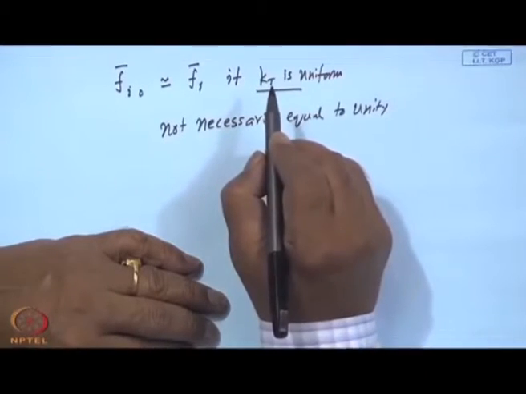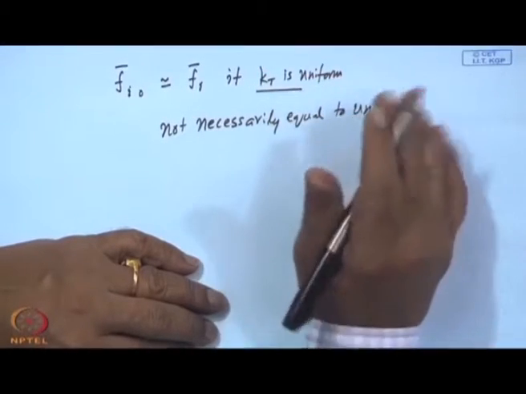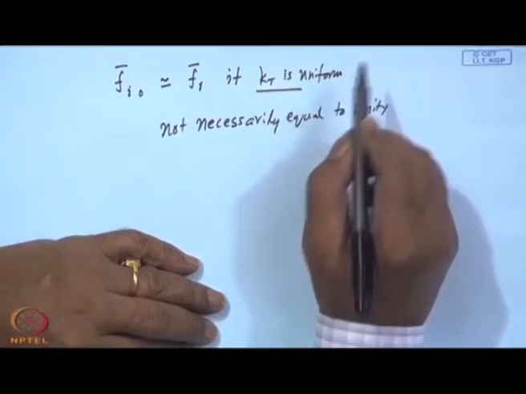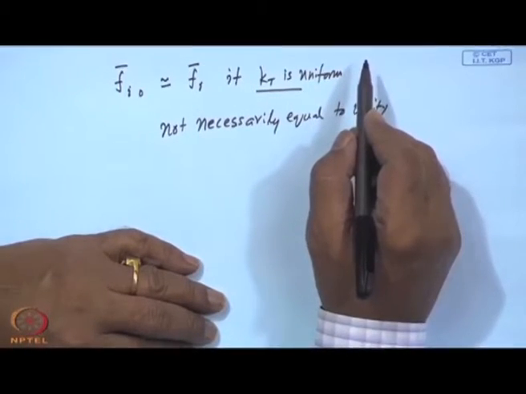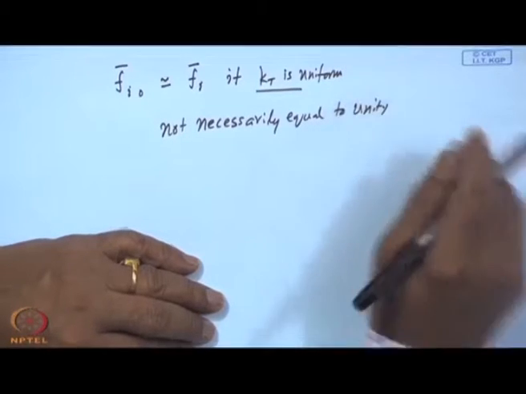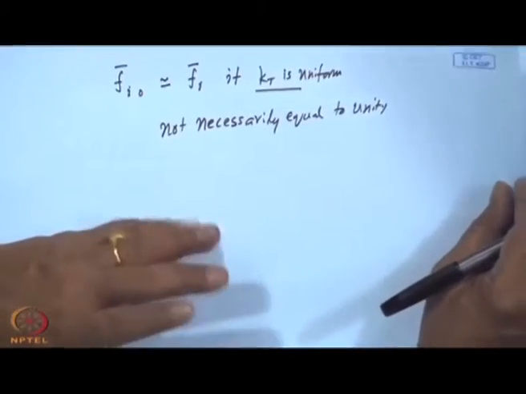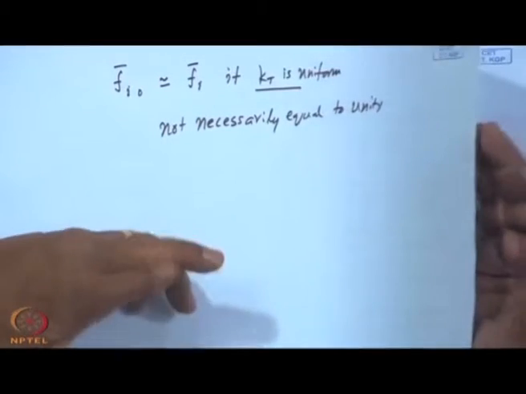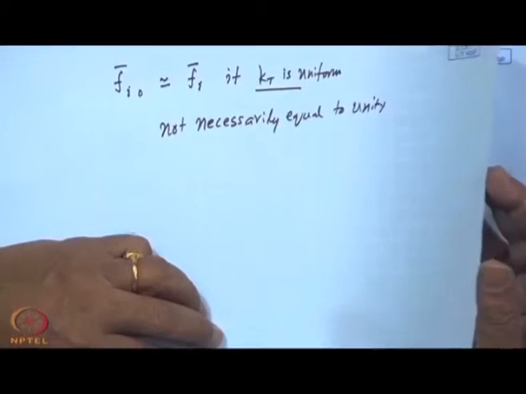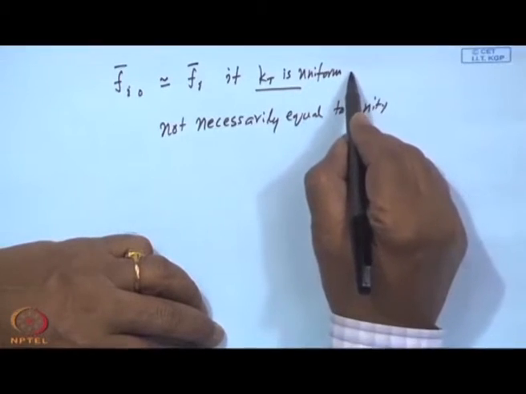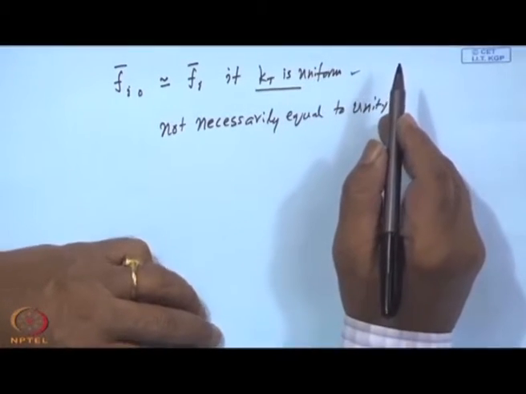The other way around, the extraterrestrial assumption is good enough for terrestrial conditions also, and we found that K T need not be equal to unity, but if it is uniform, it will be quite acceptable and will be exactly equal to the calculations we made under extraterrestrial conditions. And K T is more or less uniform when the solar radiation is high, in general let us say 10 to 2 p.m. Consequently, this will be acceptable as a good approximation.